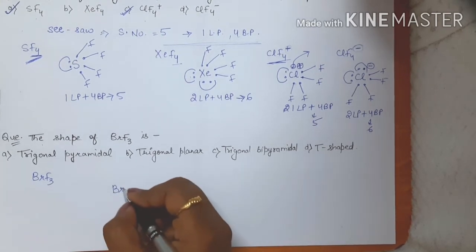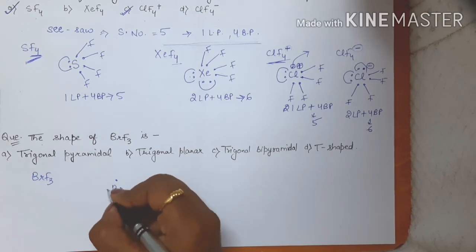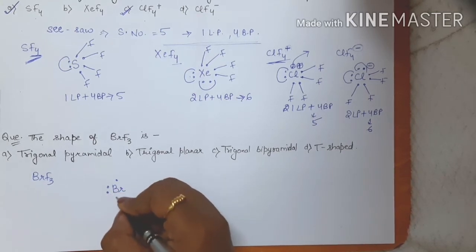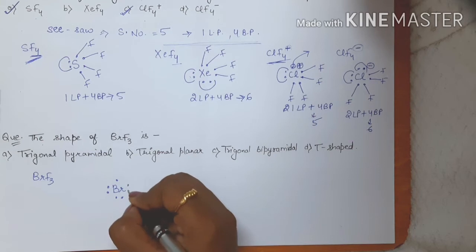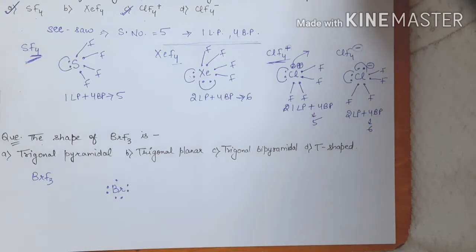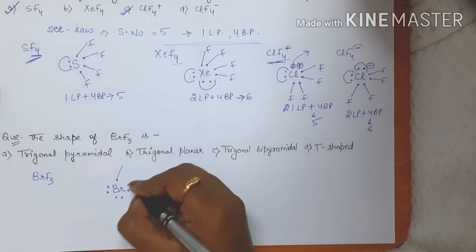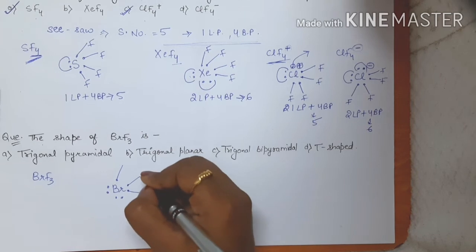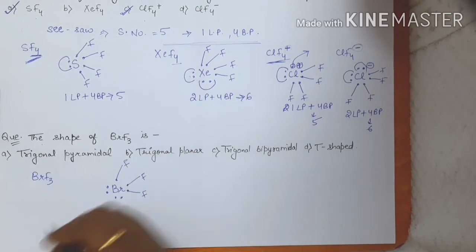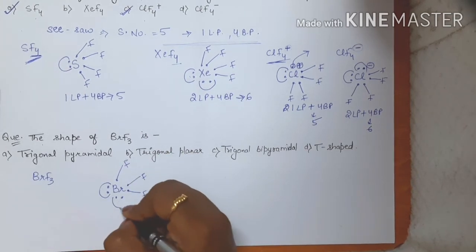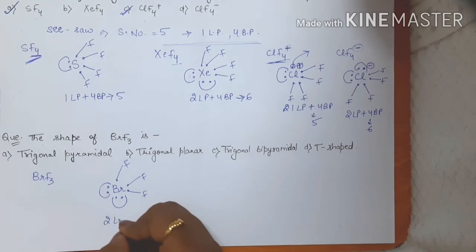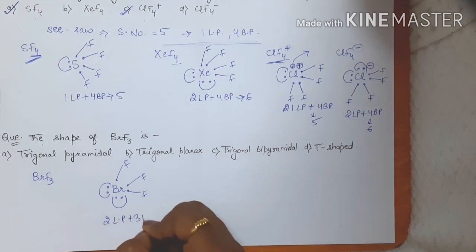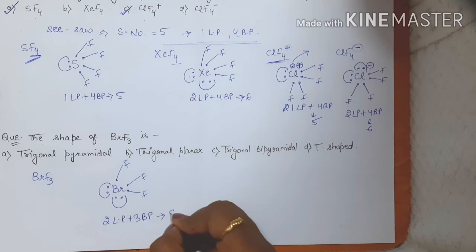Bromine belongs to halogen family, so it will be having 7 electrons in the valence shell. Now this Br is attached with 3 fluorines. Fluorine is univalent, so it will be attached like this. Now it is having 2 lone pair plus 3 bond pair, giving steric number of 5.